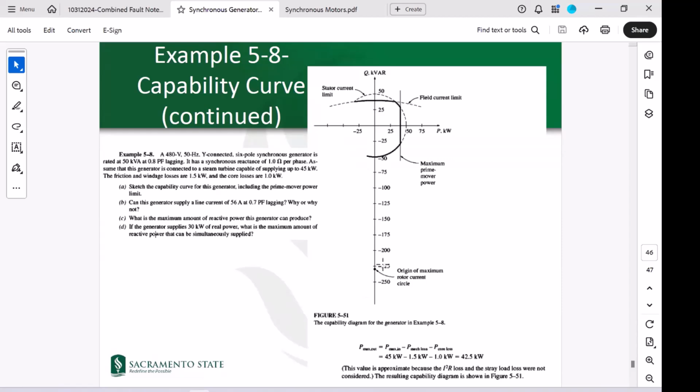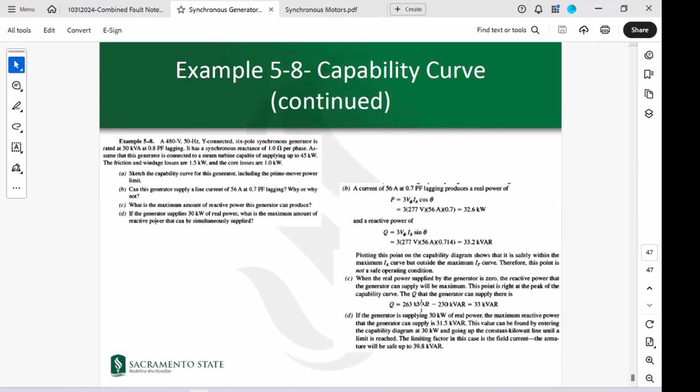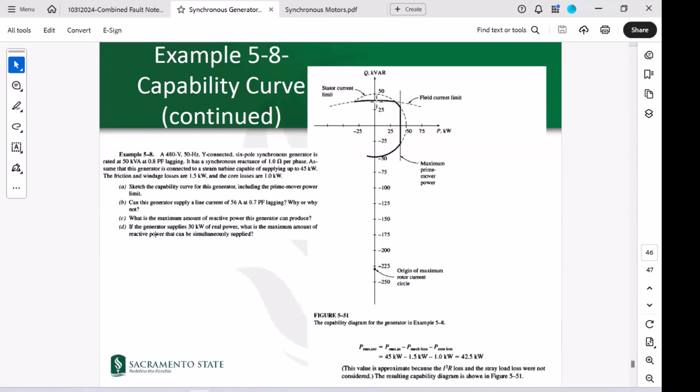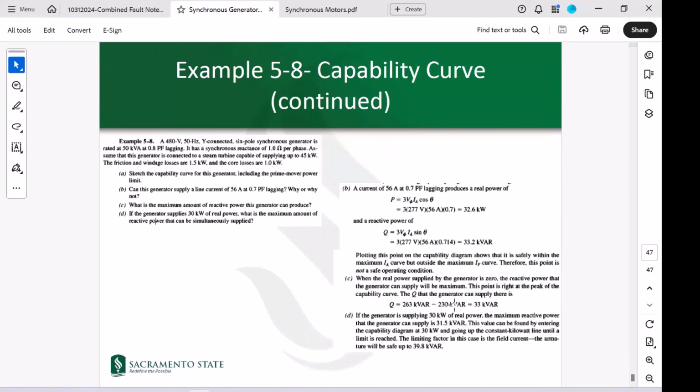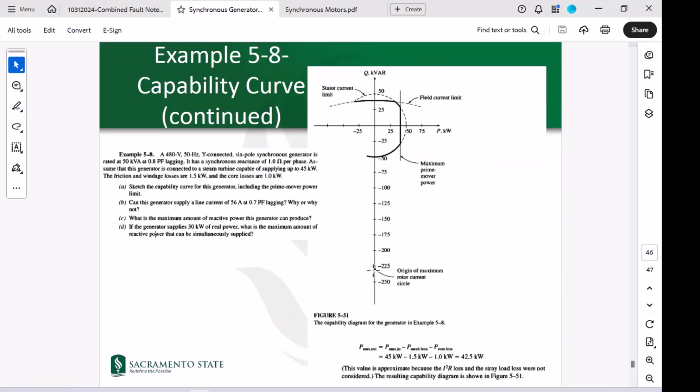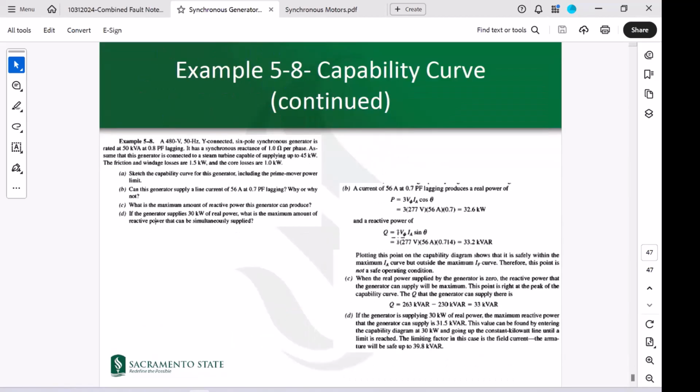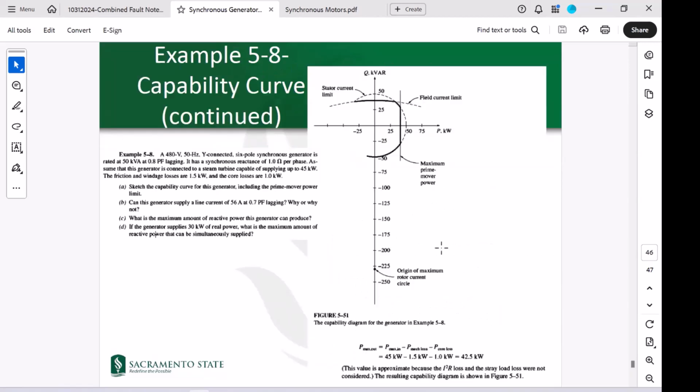Which is coming from 263 minus 230. This 263 is this basically length, and this 230 is associated with the origin point. So when you add them together, that gives you the 33 kilovars. So this point is the maximum reactive power, that is 33 kilovars.